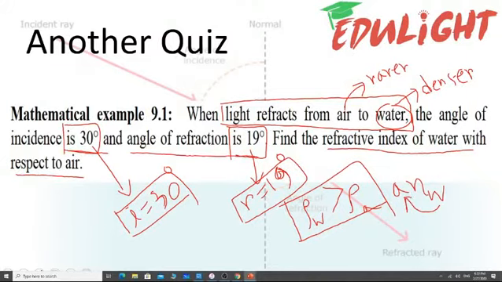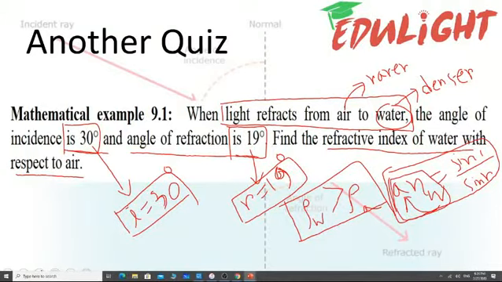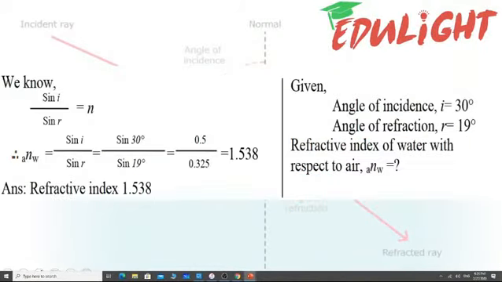This is simple math, because from this formula you can derive it easily: A eta W equals sin I by sin R. You will easily get the refractive index of water with respect to air. And this has mainly been done in your book as well.